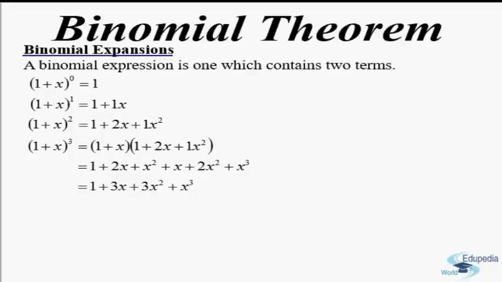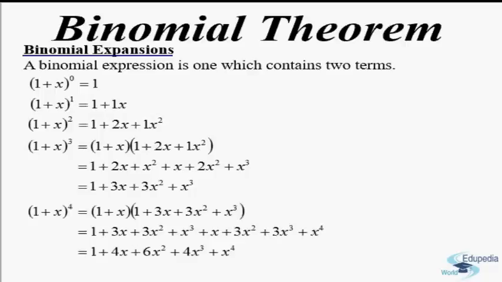What if you go beyond that? What if you go to a higher power of this expression, 1 plus x raised to the power of 4? Now this becomes really complex. In the example in front of you, we have 1 plus x being multiplied by 1 plus x whole cube, and that is being used in this expansion.